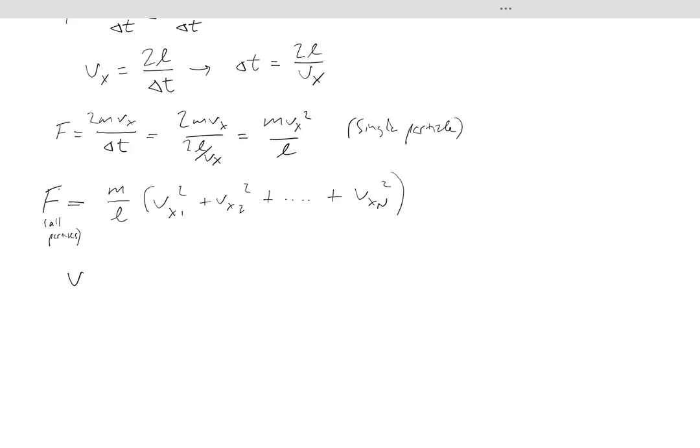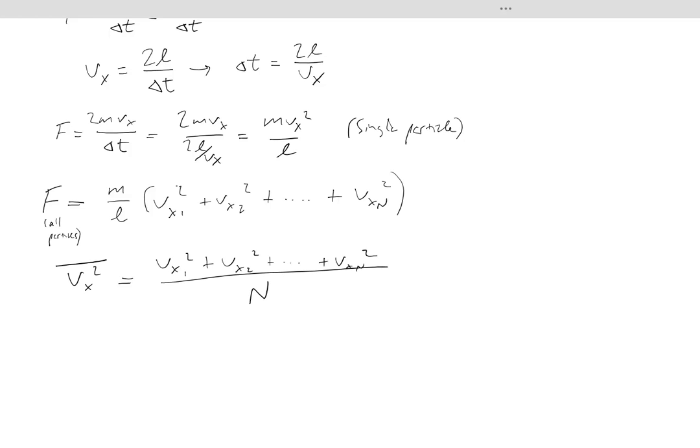So vx squared average of all of them is the sum of all the squares of the speeds over capital N, the total number of particles.